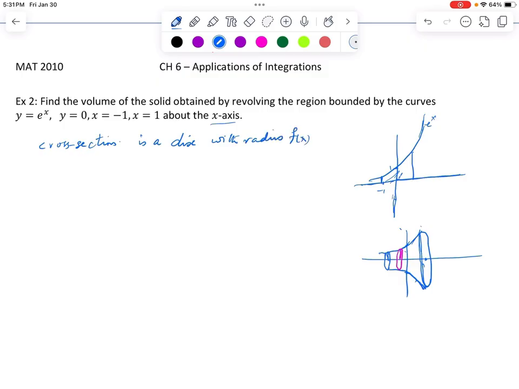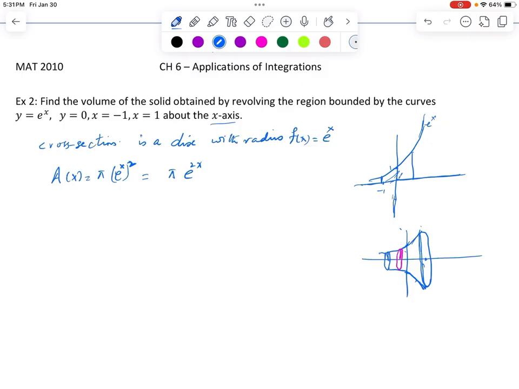Therefore, A of x will be pi times f of x squared. f of x is equal to e to the x, so I will say e to the x whole squared. So we get pi e to the 2x. This 2 gets multiplied with this x, by the rule of exponents.